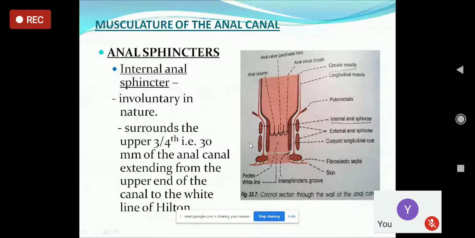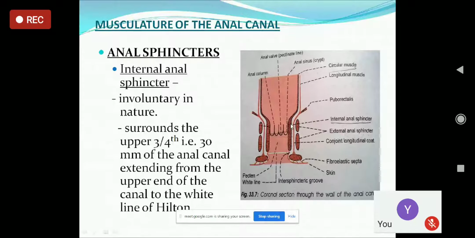So, what about the musculature of the anal canal? Anal sphincter, look here. This is the external anal sphincter and this is the internal anal sphincter. The internal anal sphincter muscle is involuntary in nature.